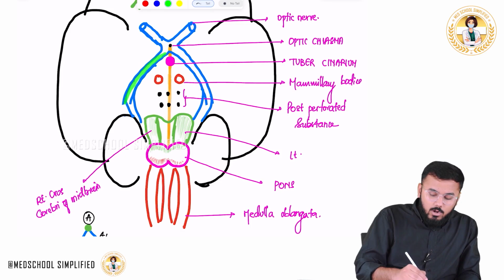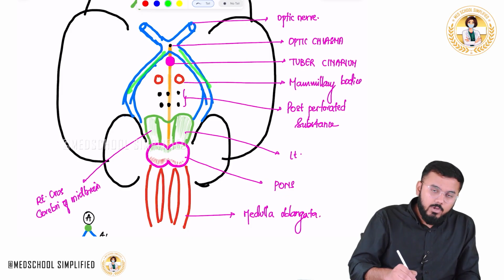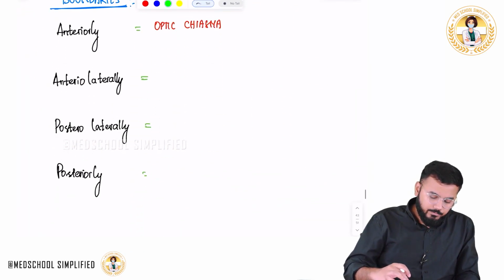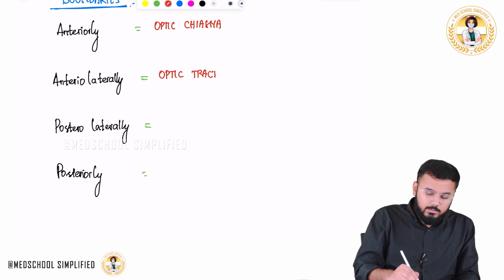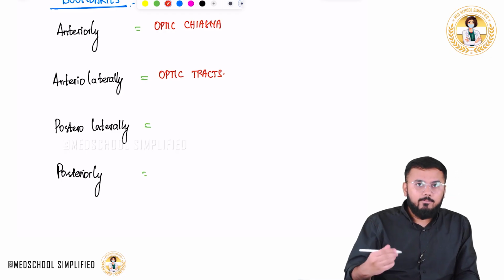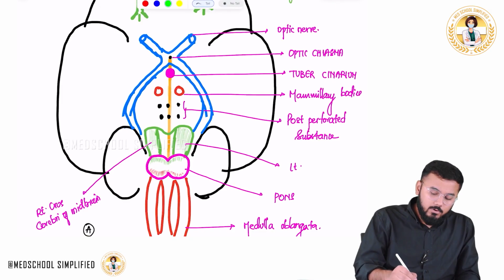Next, this is called as optic tract, this is also called as optic tract. So anterolaterally what do I have? Optic tracts. Anterolaterally I have got optic tracts.